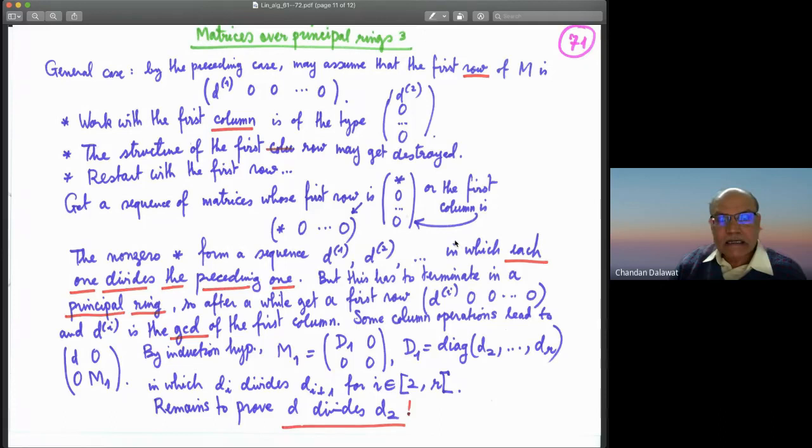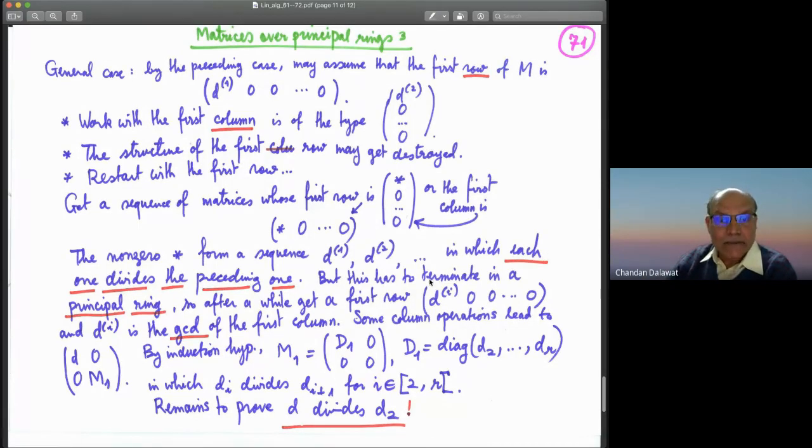And we have seen that in a principal ring, this cannot go on. If you have an element D1, a factor D2 of D1, a factor D3 of D2, etc., then they cannot be strictly dividing each other. At some point, you will keep on getting the same element repeated.